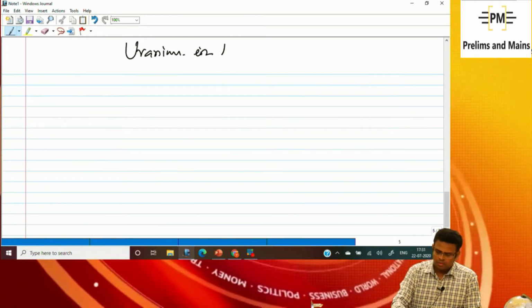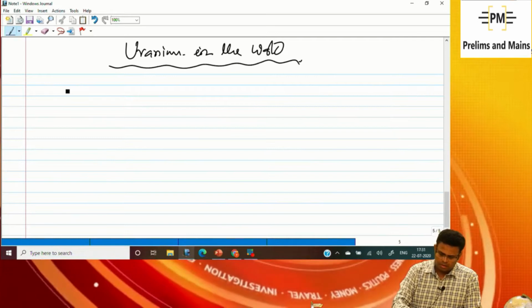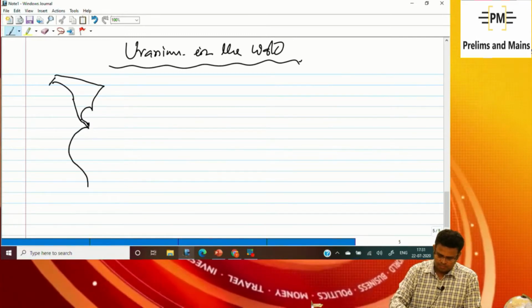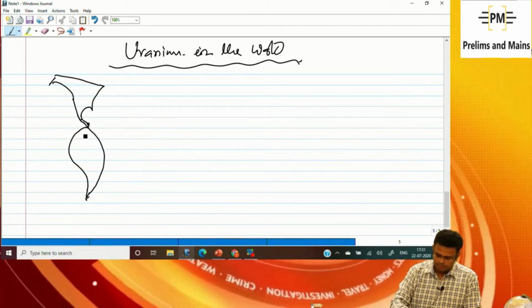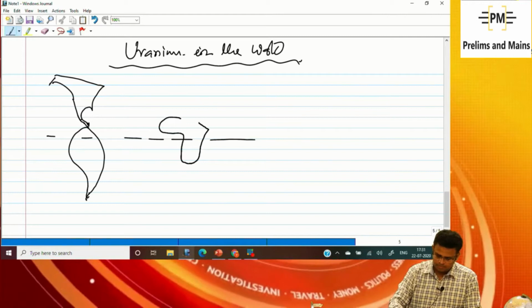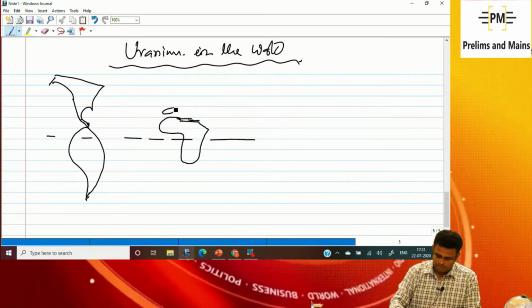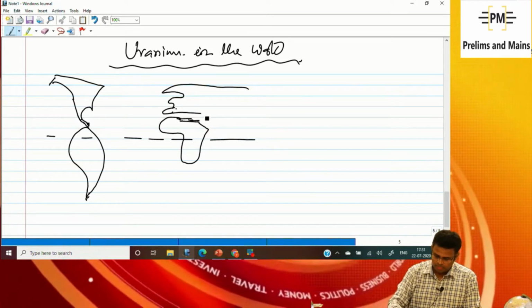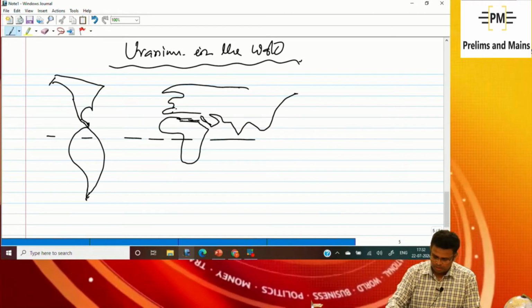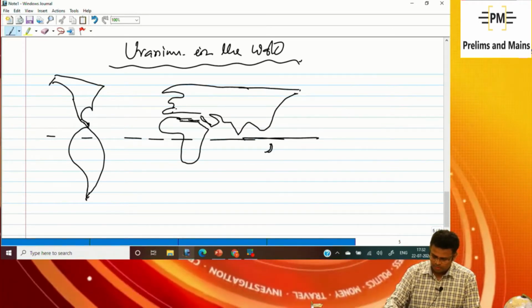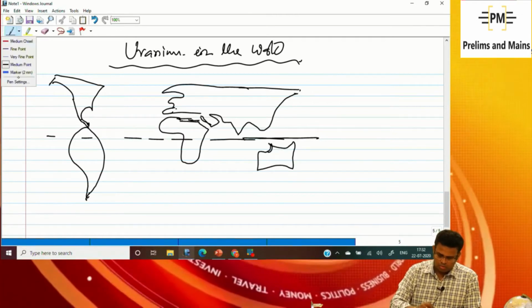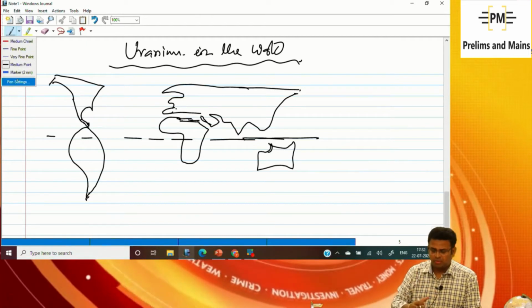Uranium in the world, if I talk about it, no need to make a map from your side, I have just drawn it for you to locate it better.